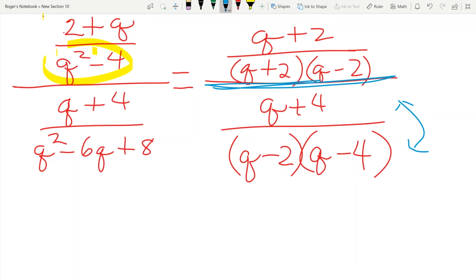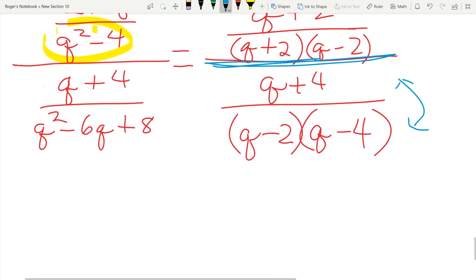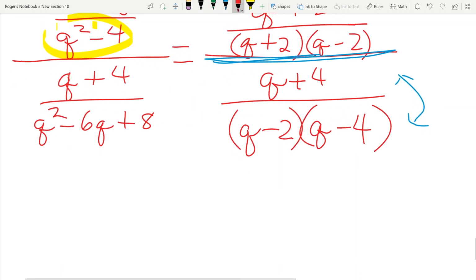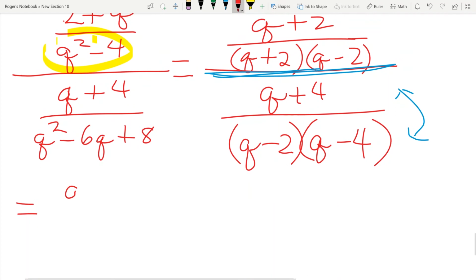Okay. So I'm going to have to move to the left side of my screen in order to fit everything on here. So I'm going to put my equal sign over here now so I can keep going. So q plus 2 all over q plus 2 times q minus 2.